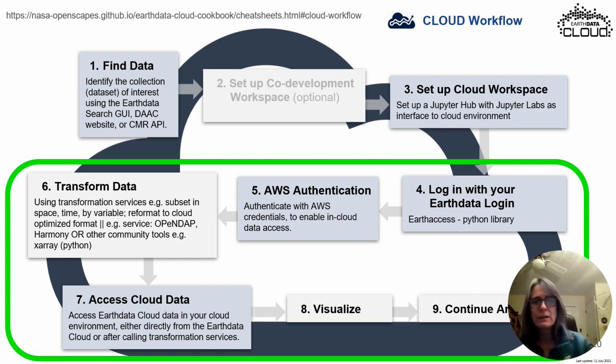You'll hopefully be introduced to Earthaccess, which is a Python library that helps you navigate through Earthdata login and has a lot of other functionality. And you'll see some ways to manage the AWS authentication before you start getting into a typical Python or R type workflow.